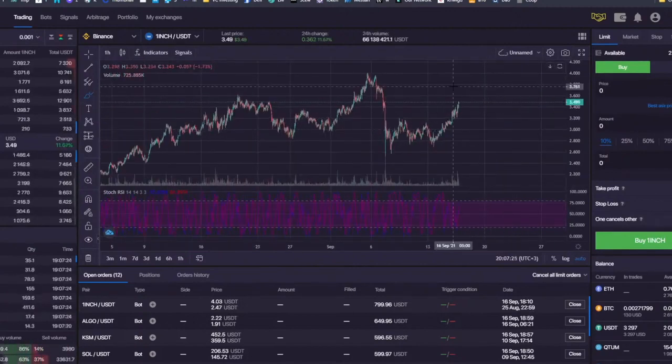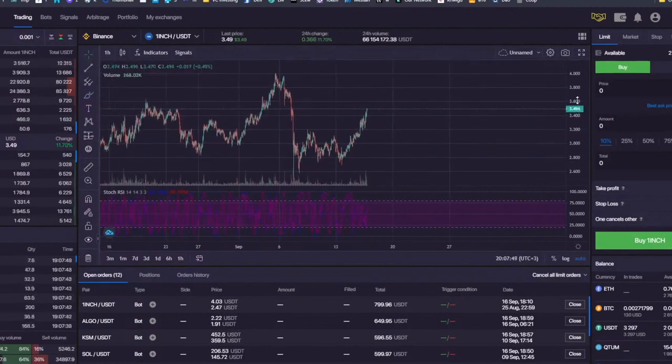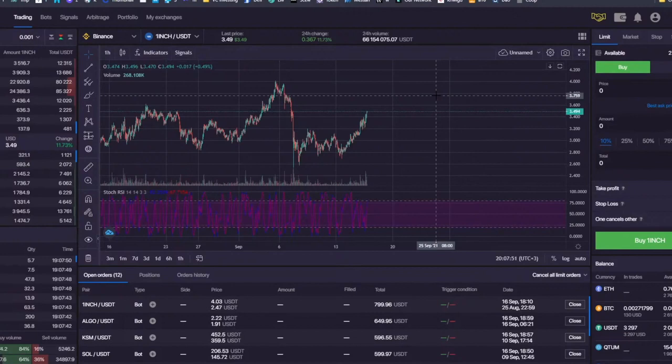Let's say I have 2 coins in the list, and I have only $100 that I want to allocate either to 1inch or to OXT. The first one that hits my price is going to be added to my portfolio. And of course, I want to cancel out the other one because I already spent the $100 that I wanted to allocate either to 1inch or OXT.